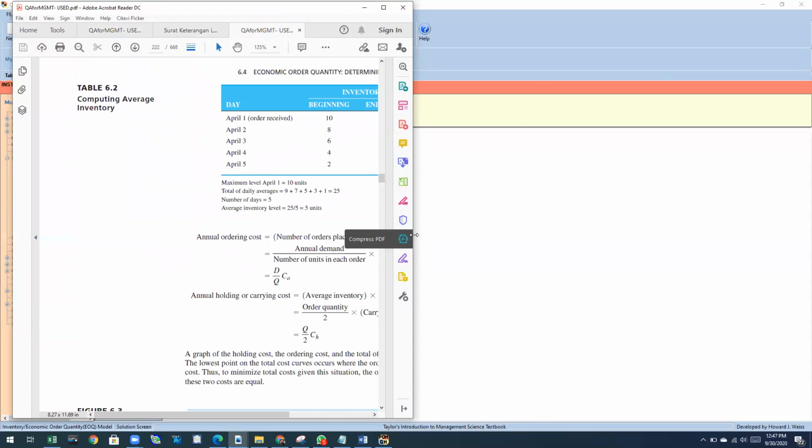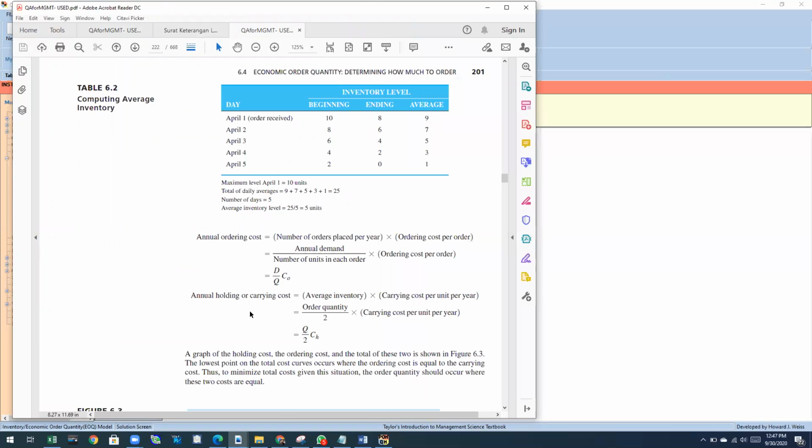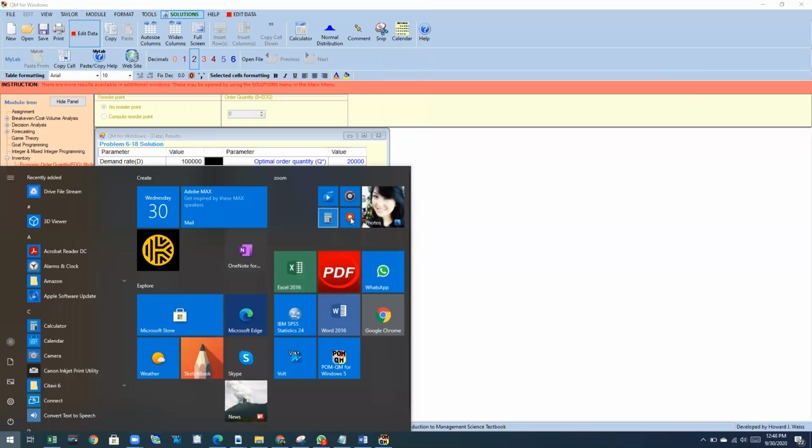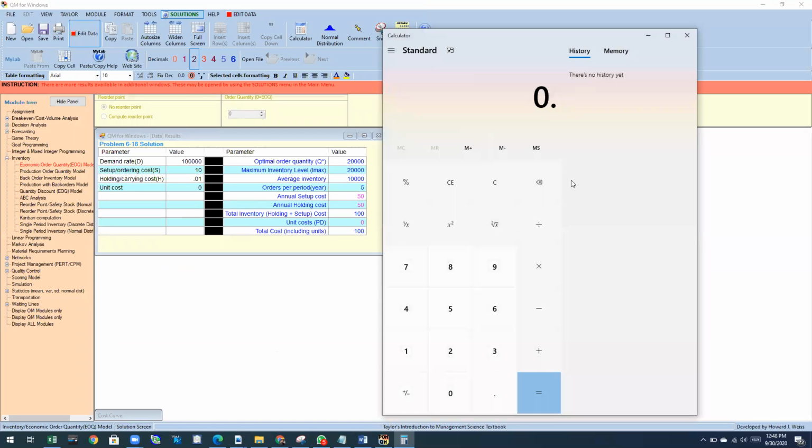The annual holding cost is the average inventory, which is the EOQ divided by 2, 20,000 divided by 2, multiplied by the carrying cost per unit per year. And we know that the carrying cost per unit per year is ½ cent. So 0.005 multiplied by, what is our average inventory? 10,000. That gives us a carrying cost of $50.